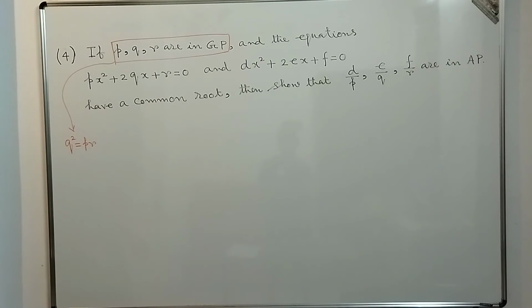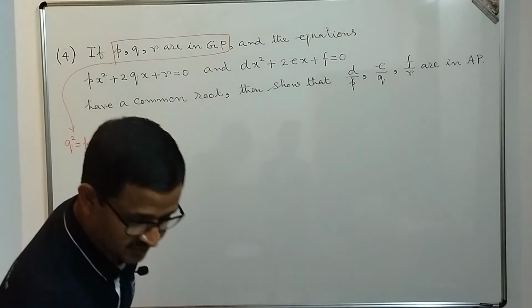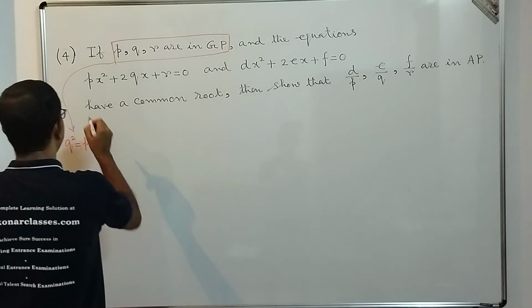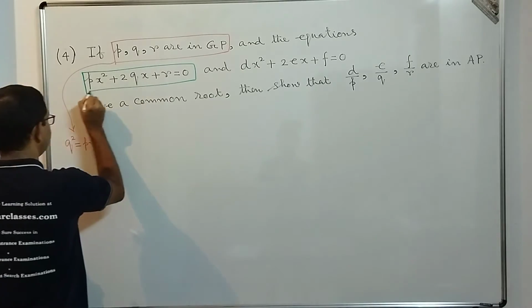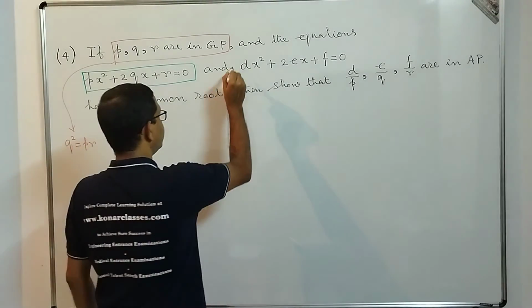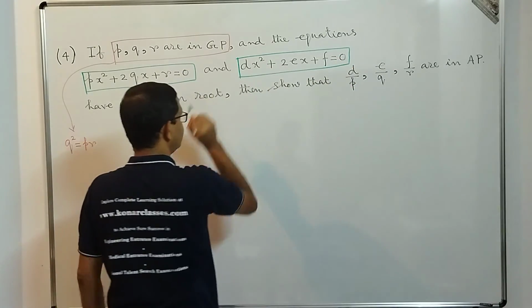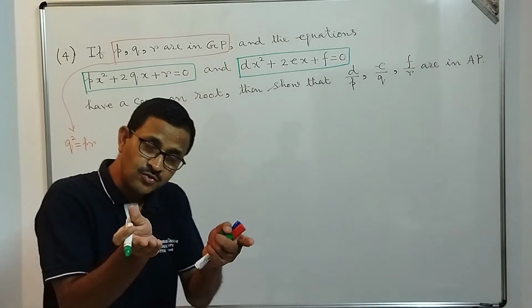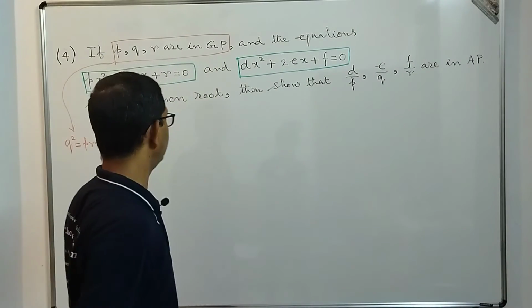Now, the second thing is that these are the two quadratic equations. The first quadratic equation is px square plus 2qx plus r equal to 0. And the second quadratic equation is dx square plus 2ex plus f equal to 0. Now, both these quadratic equations share one root. One root is common to both of them.